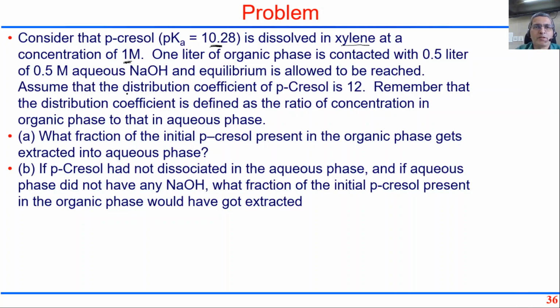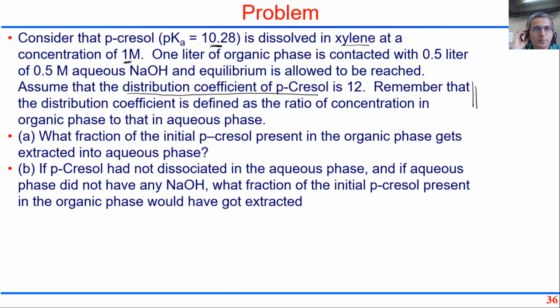Now remember, what does the distribution coefficient mean? It is the ratio of undissociated paracresol in the organic phase to undissociated paracresol in the aqueous phase. That ratio is 12. That's what this sentence is telling you. Part A: calculate what fraction of initial paracresol present in the organic phase gets extracted into the aqueous phase.